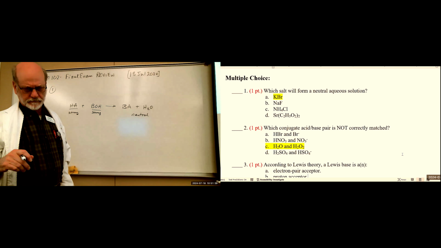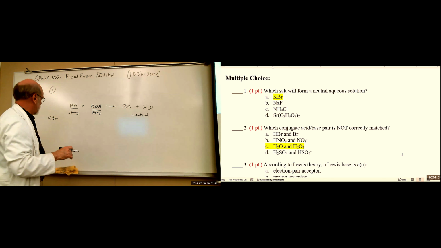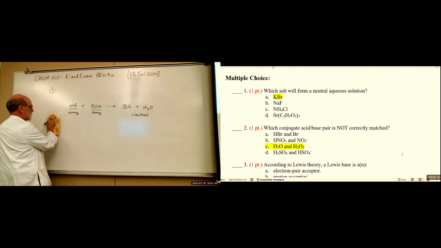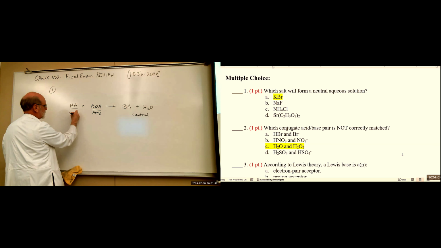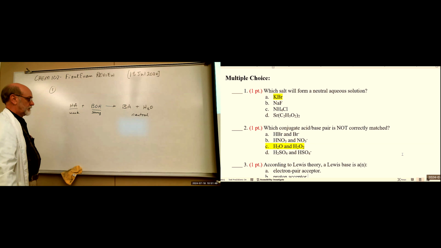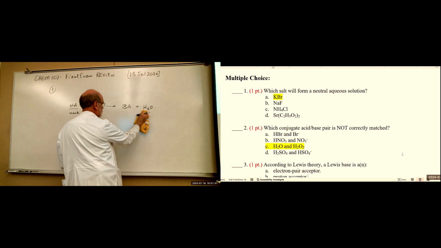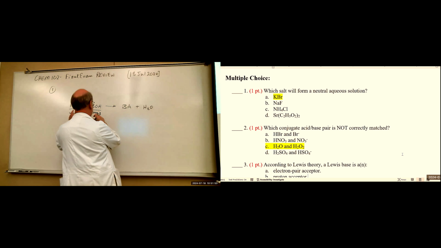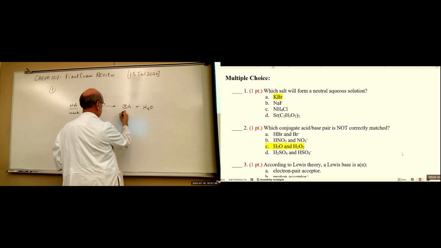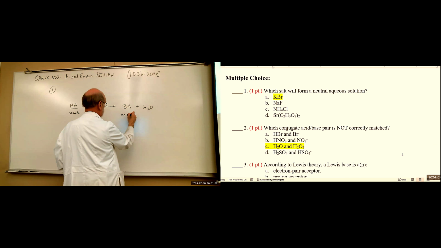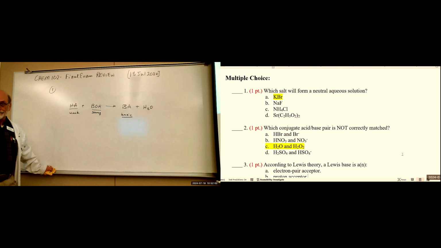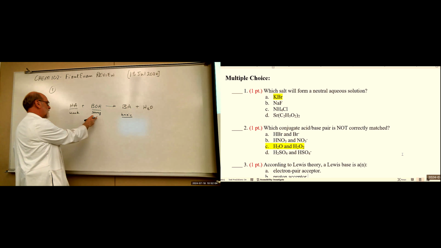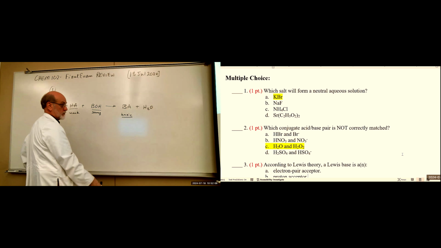Now, while we're on the topic, if this is a weak acid, and you take the salt from that combination, you're going to get a basic solution. And vice versa: if this is weak and that's strong, then you're going to get an acidic solution.